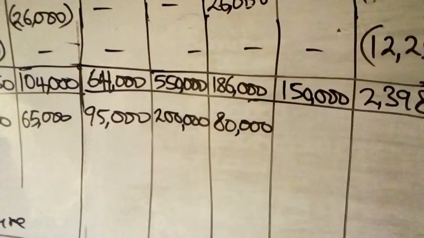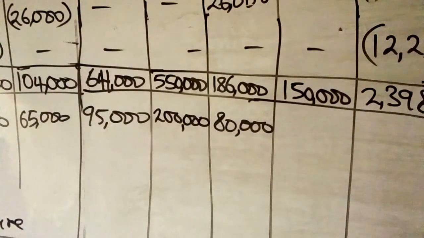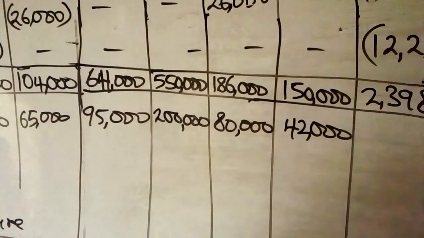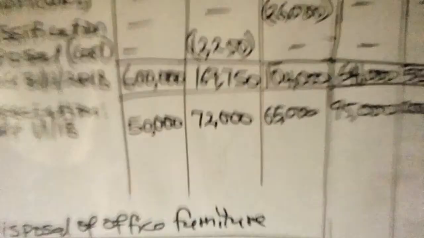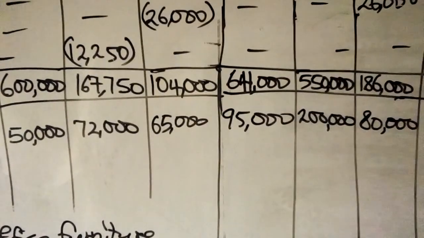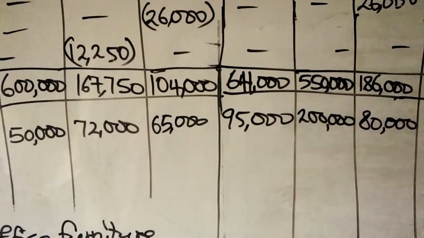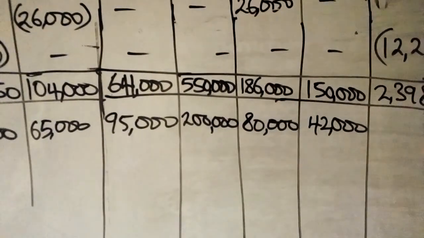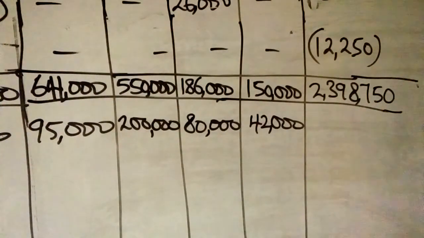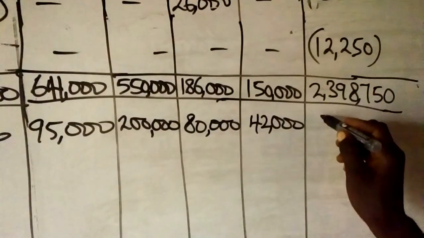Then 42,000 for equipment on lease. Now let's sum it up. Total 604,000.